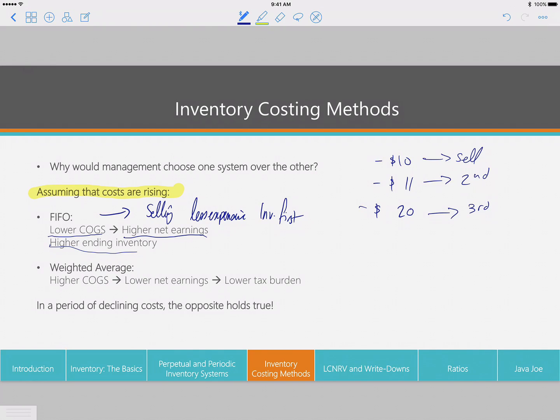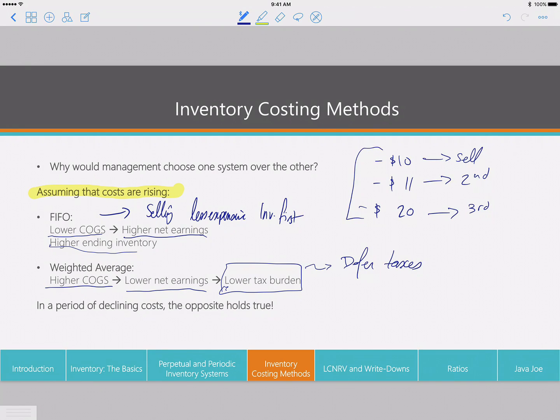Under weighted average, however, remember, we took the average of these prices before we sold them. So if that's the case, you're going to have a higher cost of goods sold, and that will mean lower net earnings. And if your earnings are lower, you're going to have lower taxes. So it's not forever, you'll have to pay it eventually, but you would defer your taxes.